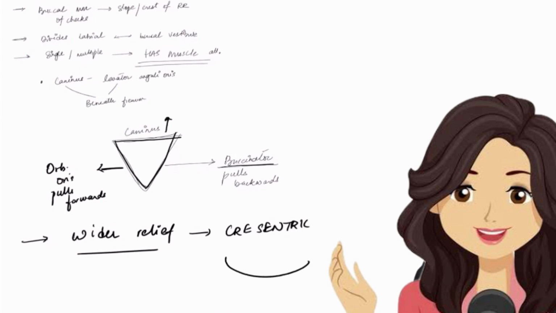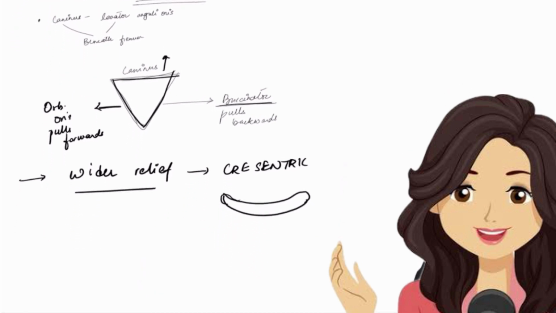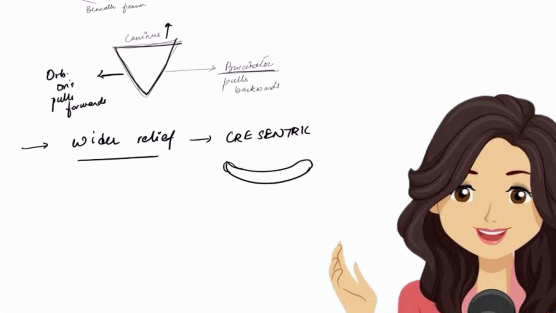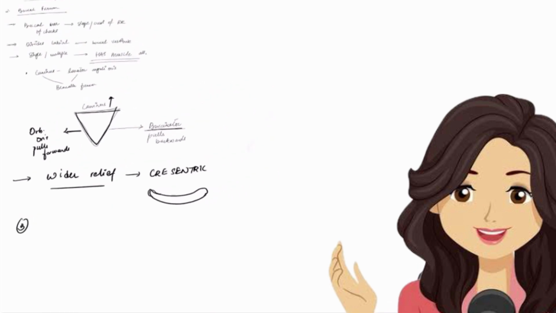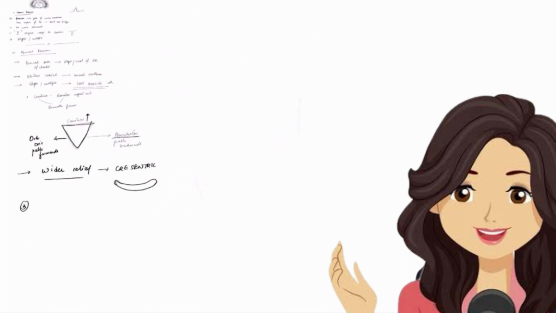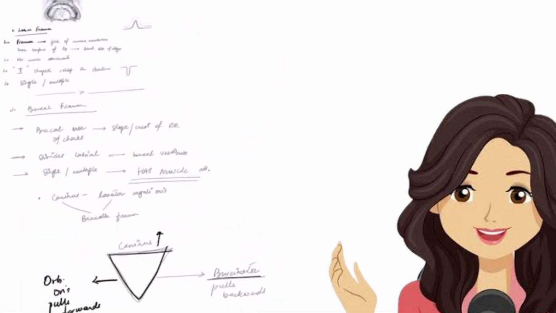That means it is like a crescent. So you need a wider relief for your buccal frenum, because otherwise, if you don't give it, it is going to dislodge your denture. So that is about your buccal frenum. What all did we see till now?